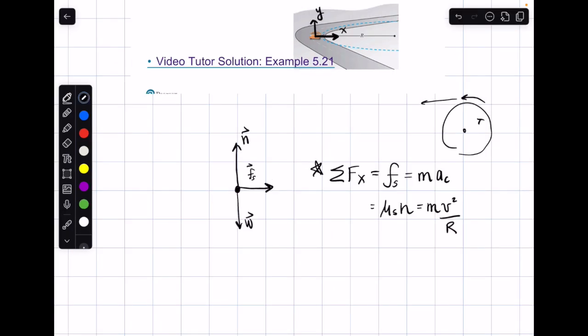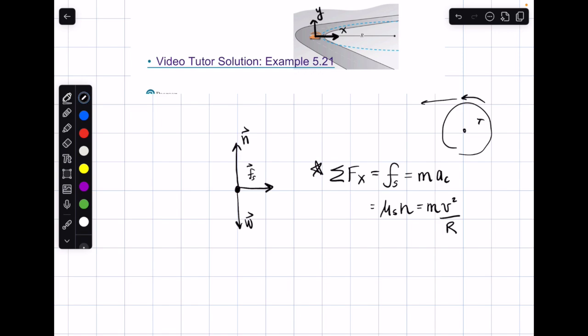You may be wondering, why did we set the sum of all forces equal to m times the centripetal acceleration? Well, that's because we know that the car is moving in circular motion and experiencing a centripetal acceleration. And we know that the direction of that acceleration is towards the center of the circle, and we placed our x-axis in that direction.